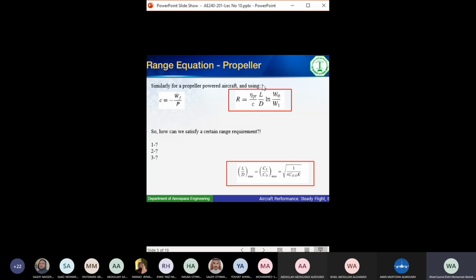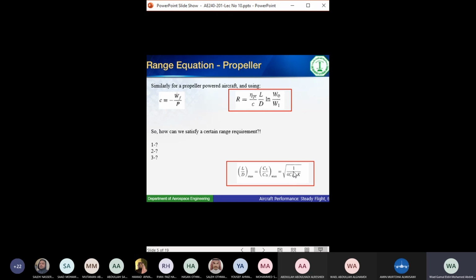Okay, L over D maximum here occurs when, this is from the formula sheets that we had in the midterm or from chapter 2 aerodynamics, CL over CD maximum is 1 over 4 CD naught K. That's why the drag polar is extremely important.